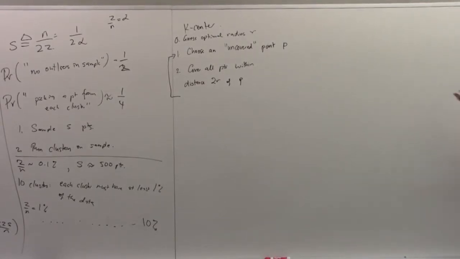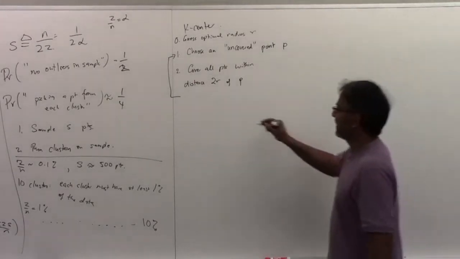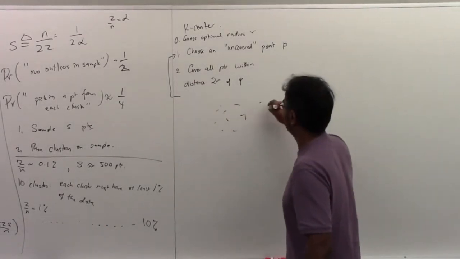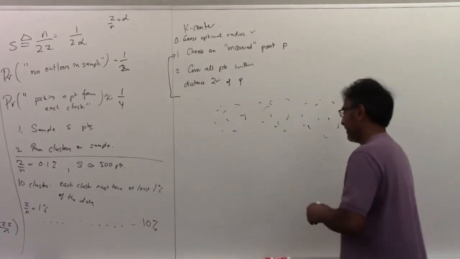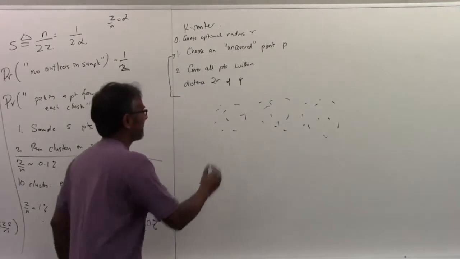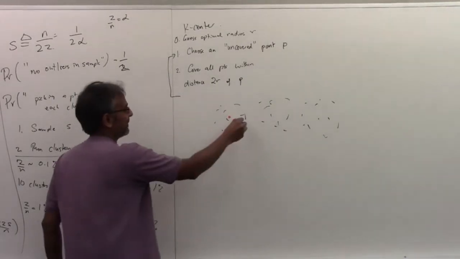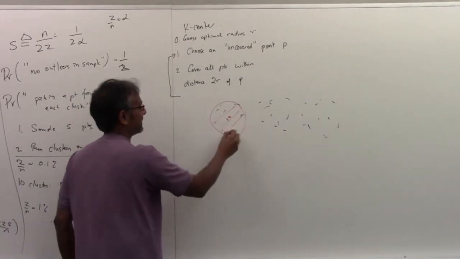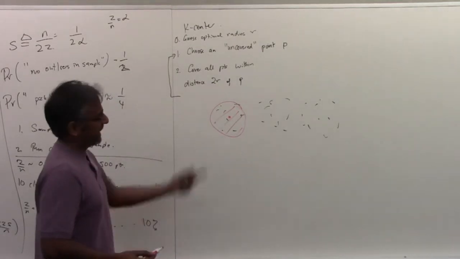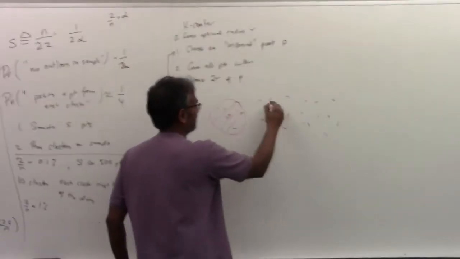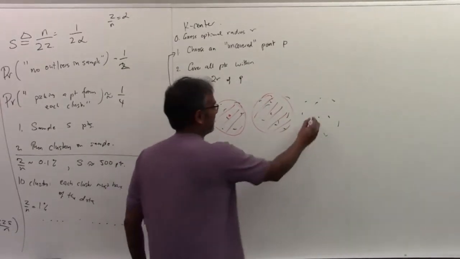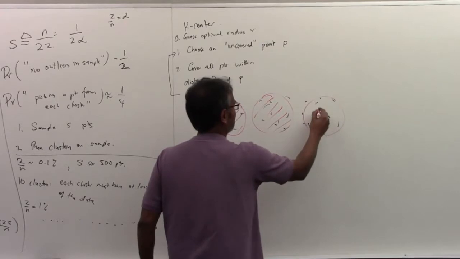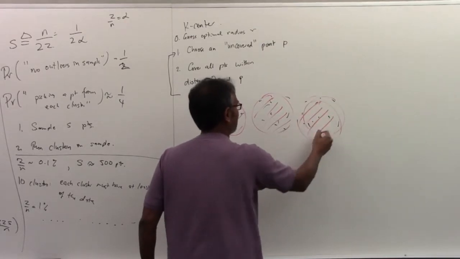So you can then cover that too. In terms of clustering, you take a point here and cover everything around it, take another point somewhere else and take a ball and cover everything around it, and so on.